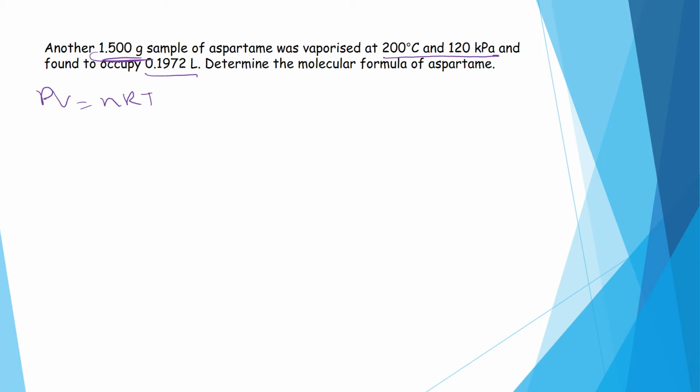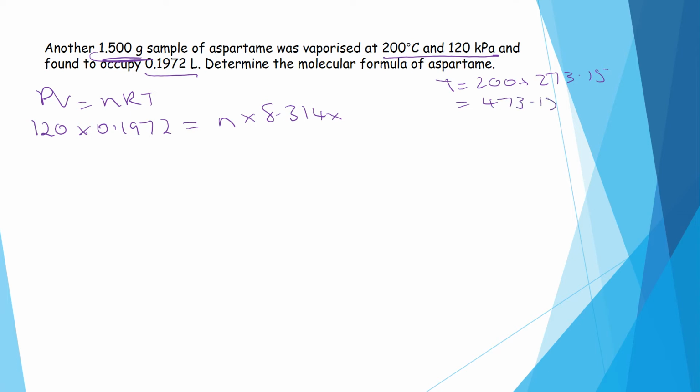The pressure was 120, the volume was 0.1972, the number of moles we don't know, the gas constant's 8.314, and the temperature is going to be 200 plus 273.15, which is 473.15 Kelvin. So from this I can calculate that the number of moles comes out to 6.0156 by 10 to the negative 3 moles.